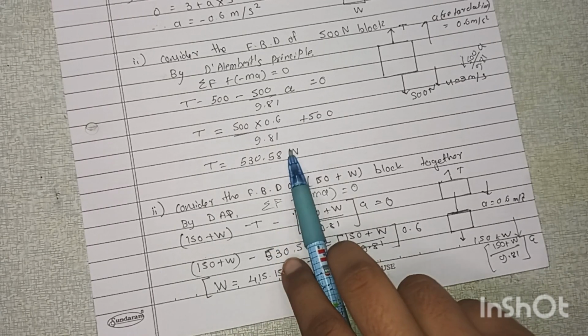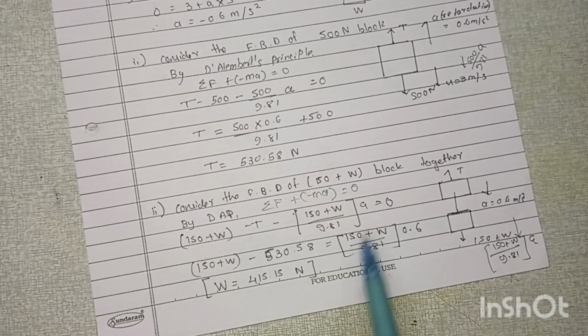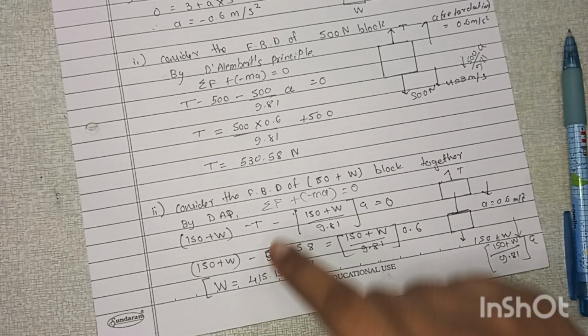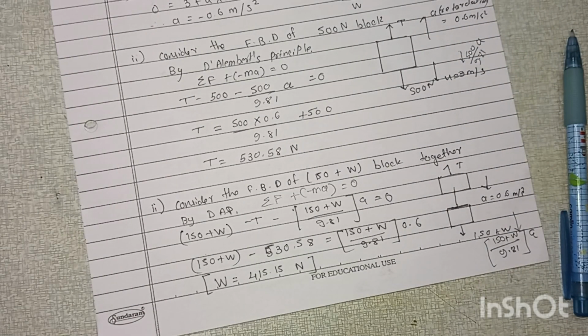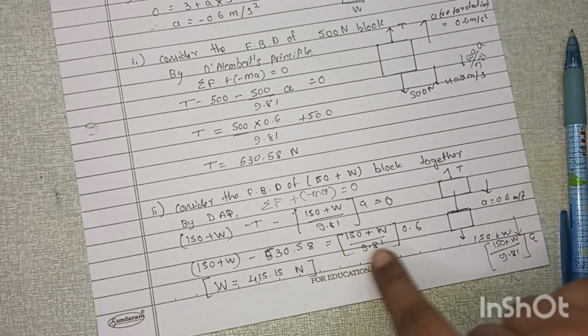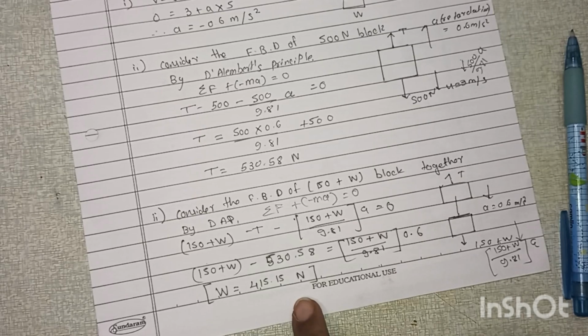Now substitute the value of tension from the earlier equation and the value of acceleration, 0.6. This minus sign indicates that the acceleration is in the downward direction. Substituting everything, the only unknown term is W, so you will get the weight as 415.15 Newton.